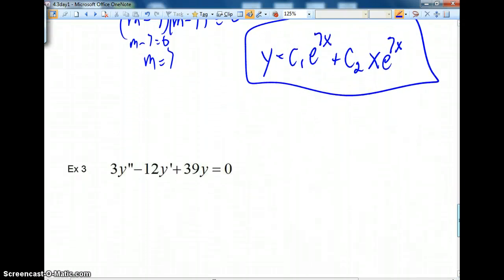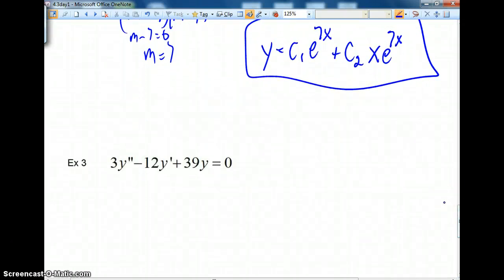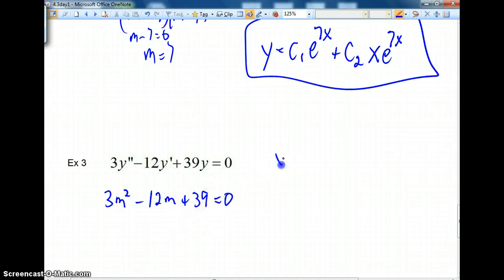Finally, as we look at this last component, making a similar substitution, of course, we would arrive at a quadratic once again. Now, I must state that this is all coming from y equals e to the mx. With this quadratic, we could divide by 3. But you'll quickly notice this will not factor.